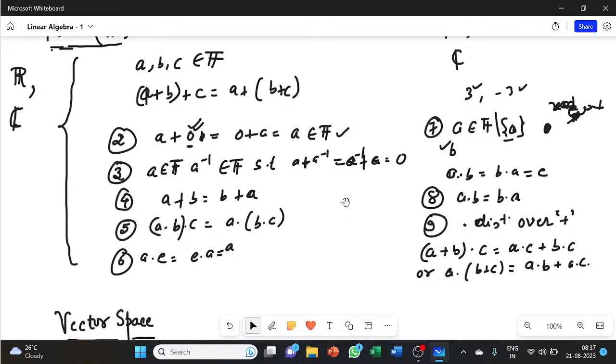When I say that complex numbers form a group with respect to addition, or real numbers form a group with respect to addition, there are certain properties which it is bound to follow. Similarly, when I say that an algebraic structure forms a vector space, it is bound to follow certain properties. And similarly, when I say field, this is an algebraic structure. If there is a particular algebraic structure that forms a field, the elements of that field would satisfy these properties.